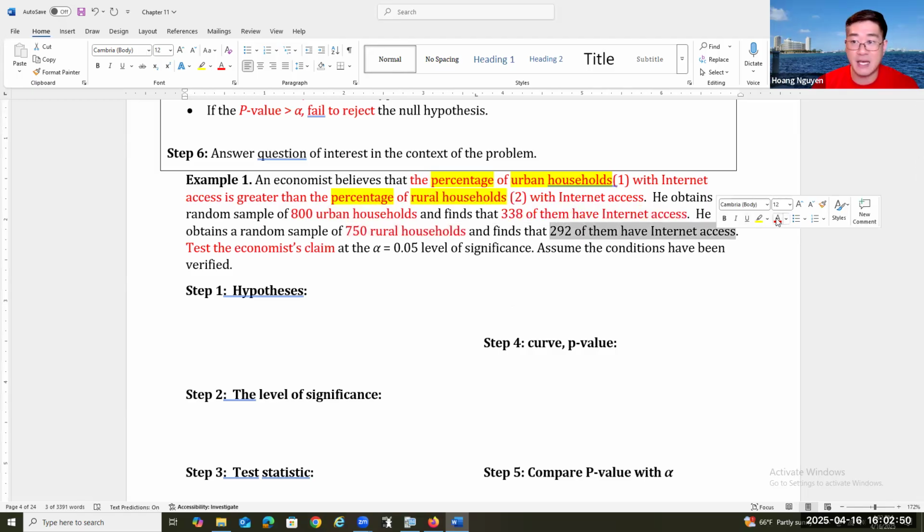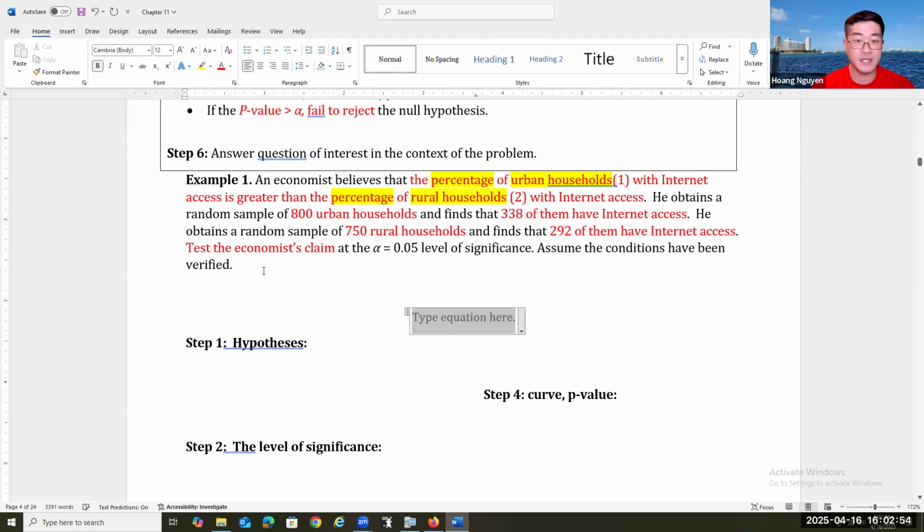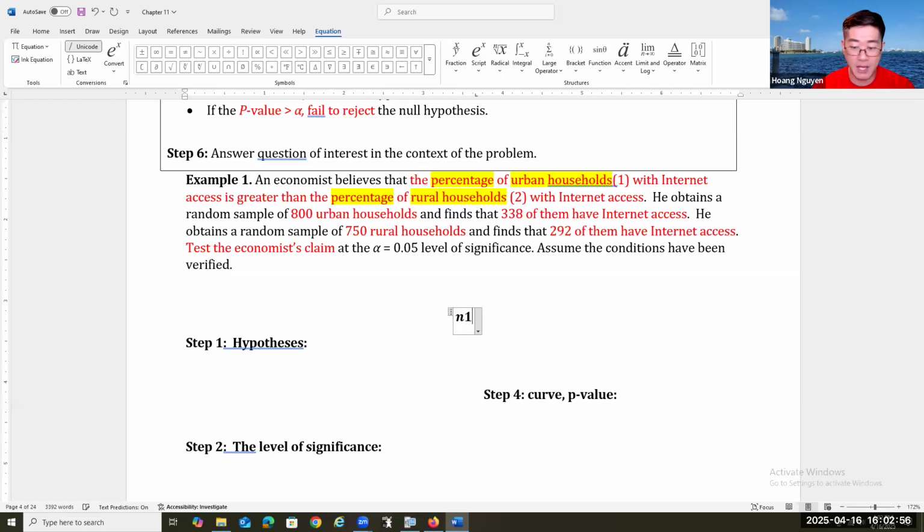So let me summarize the question so far, everyone. We have n1 equal to 800, and x1 equal to 338. We have n2 equal to 750, and x2 equal to 292.